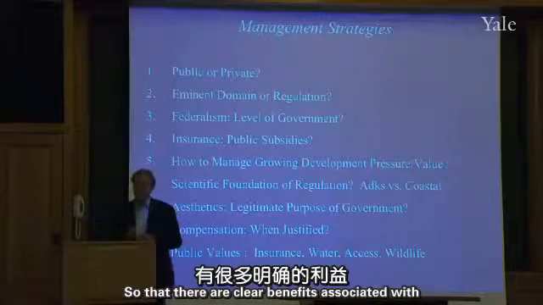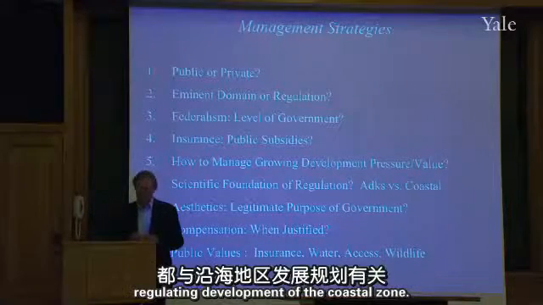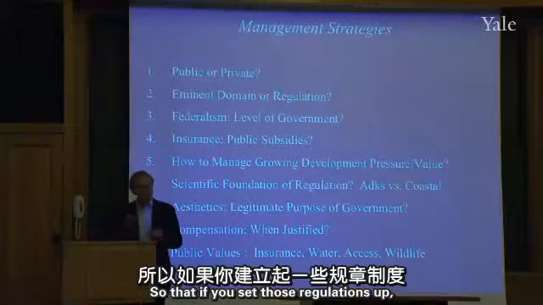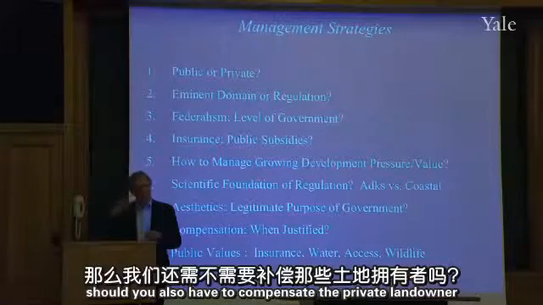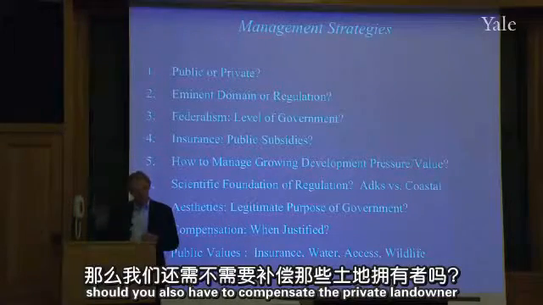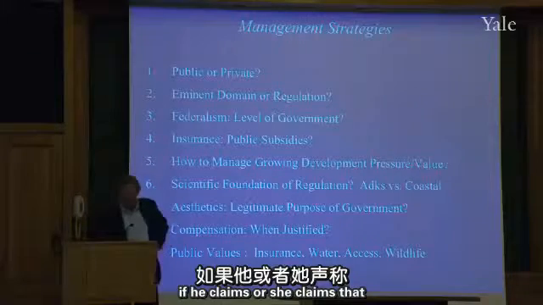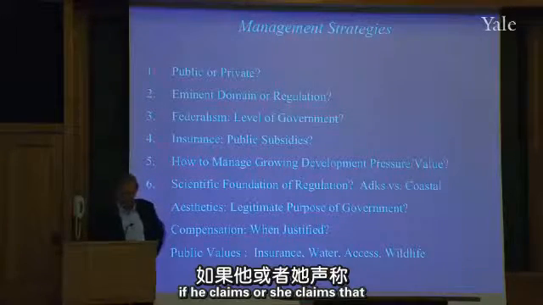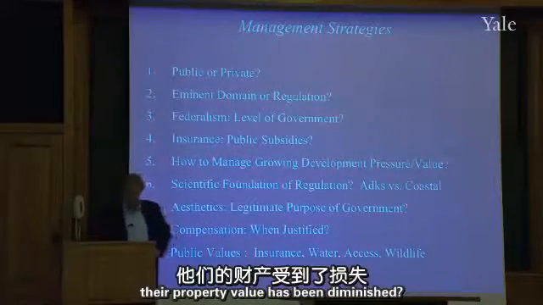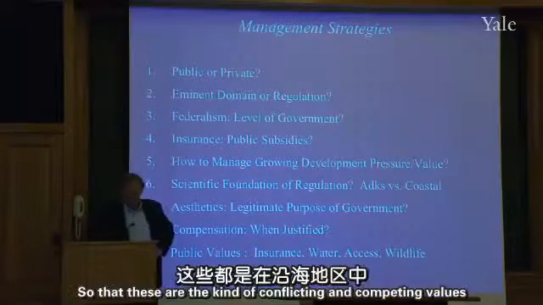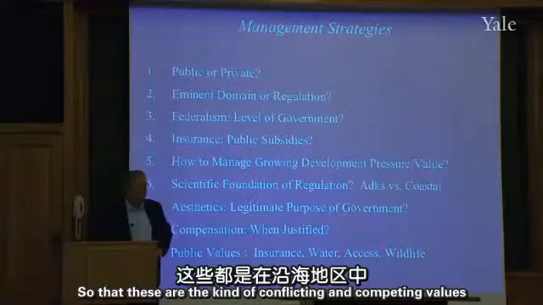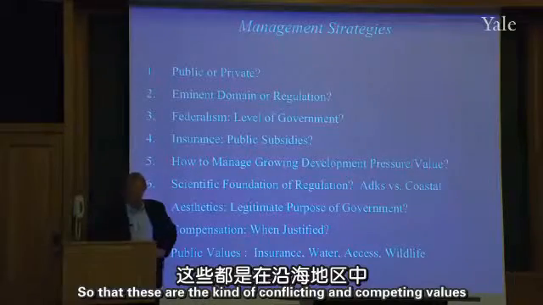So there are clear benefits associated with regulating development in the coastal zone. If you set those regulations up, should you also have to compensate the private landowner if he or she claims that their property value has been diminished? So these are the kind of conflicting and competing values that exist in the coastal zone.